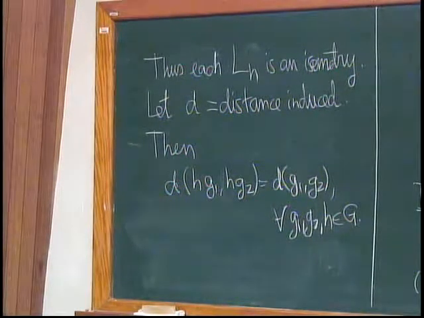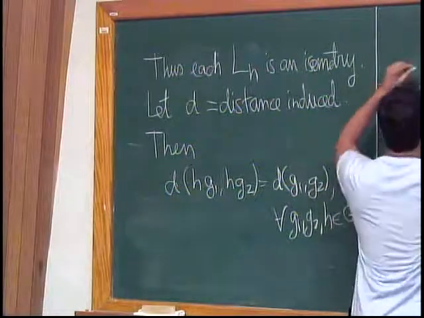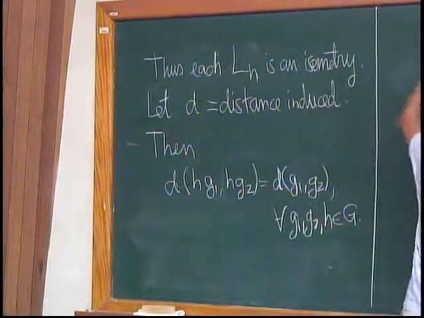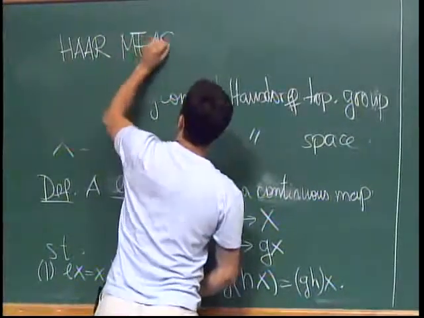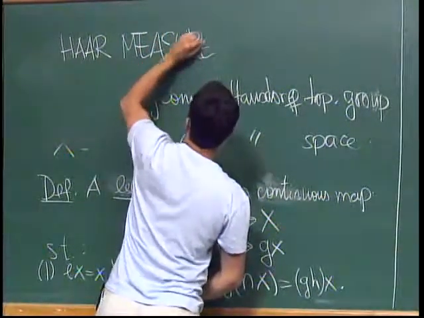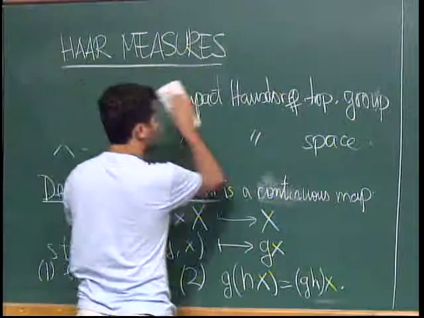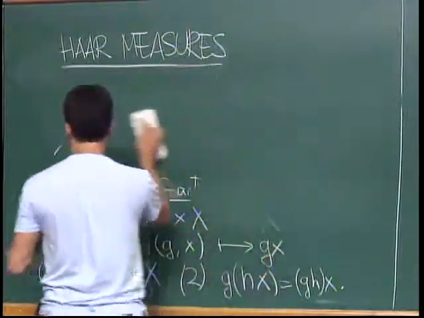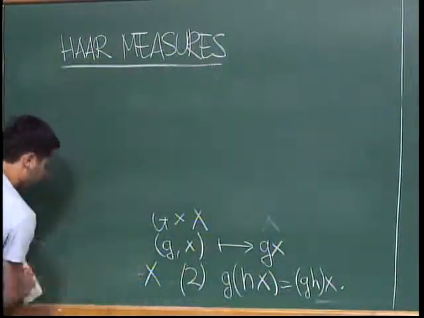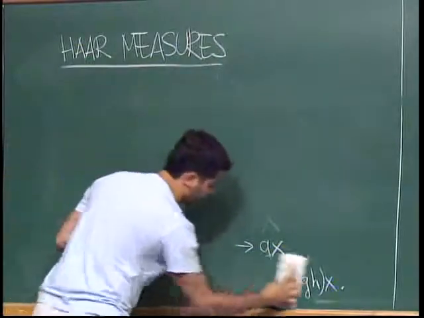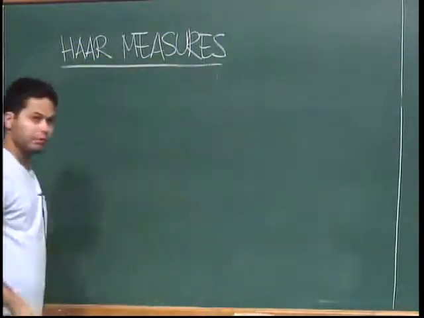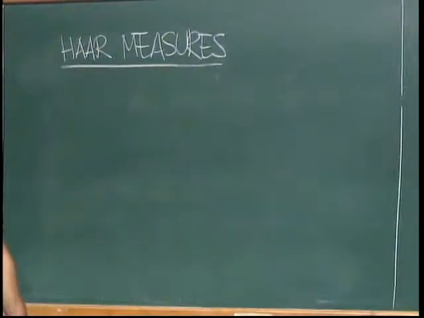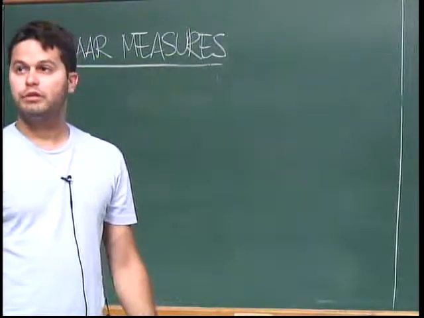So now let's talk a little bit about Haar measures. As we did with distances, we can consider a lot of measures on our group. But the group structure suggests that we look for some special measures.